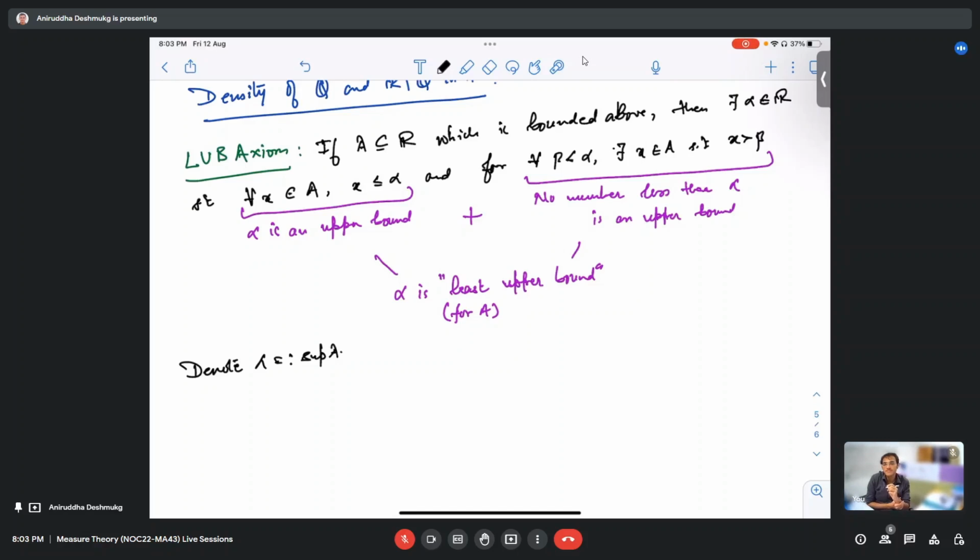Maybe you don't know the name, but you must have seen this axiom somewhere. Yes? Yeah, please respond. Otherwise, I will not know whether you are understanding it or not.